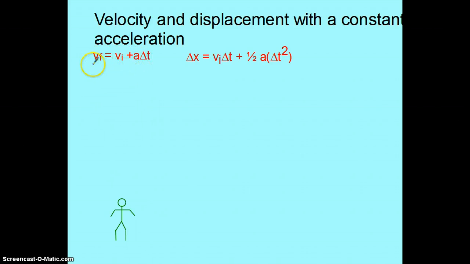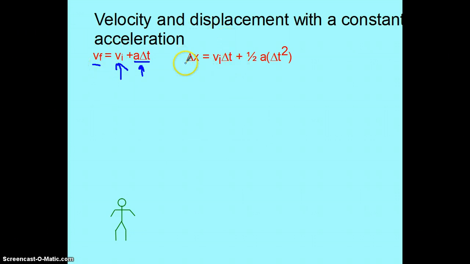What this means is, how fast was I going if I started out with a certain speed and accelerated for a time? So accelerating for a given time will give you a certain velocity. You have to add on how fast you were initially going to get the proper final velocity.